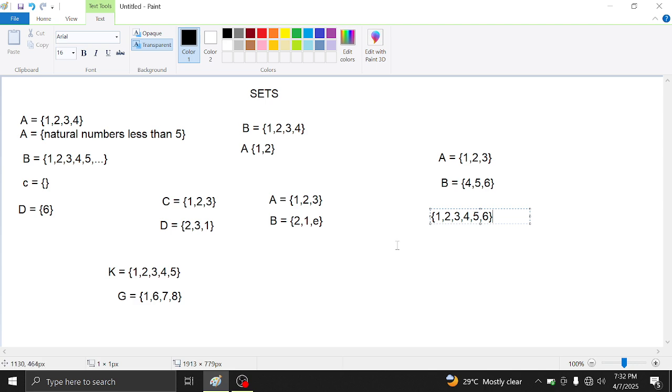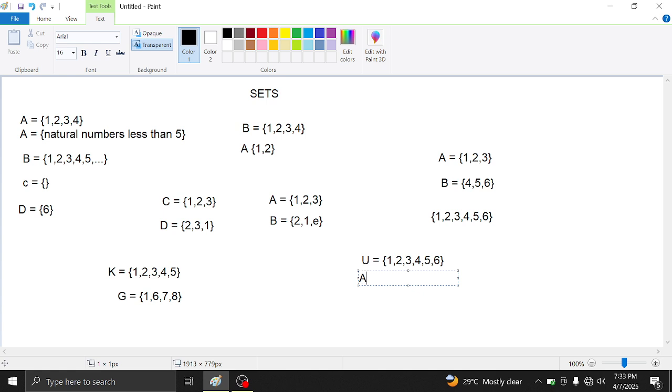Let's say the universal set has members 1, 2, 3, 4, 5, 6. And let's say set A has members 1, 2, 3.